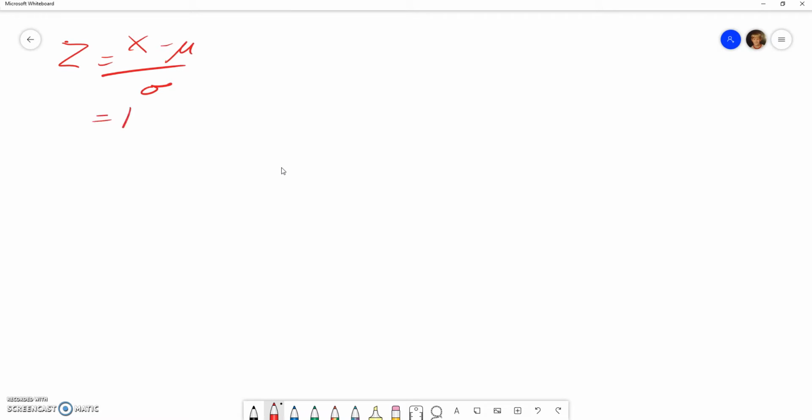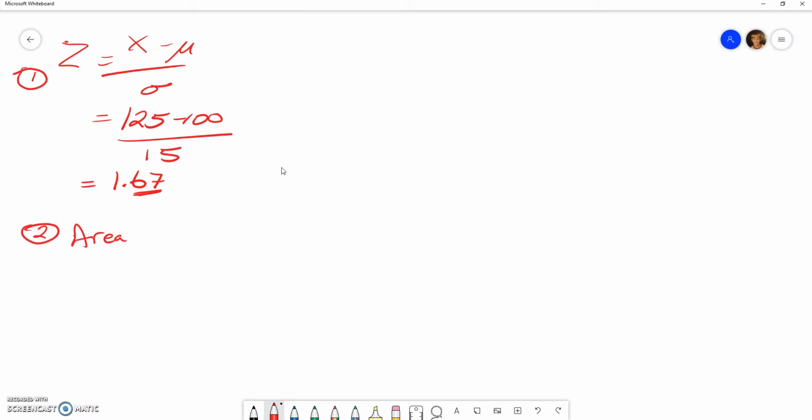So x equals 125, the average is 100, standard deviation is 15. This gives us a positive z value of 1.67. We round and keep our z values to 2 decimal places. So this is step 1. Step 2 is to find an area that corresponds to that z value of 1.67.